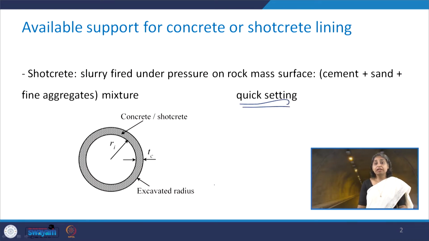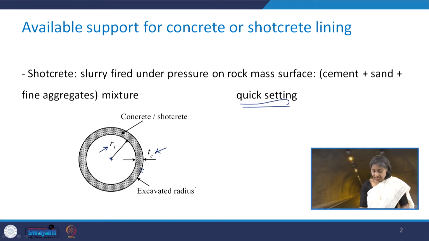So, how it looks as far as the cross section of the circular tunnel is concerned. If we have this as the excavated radius and we apply a layer of concrete or shotcrete, and say the thickness of this layer is Tc, then the inner radius, which is the completed or final radius of the tunnel, is Ri.